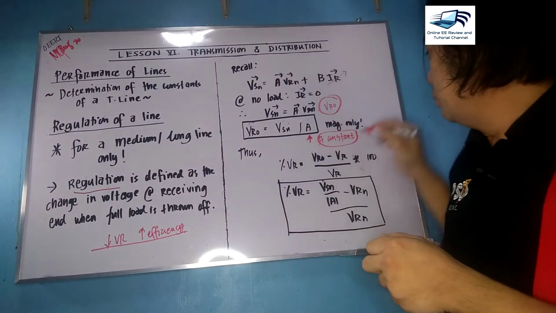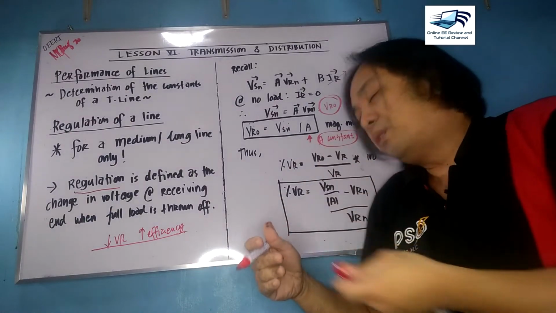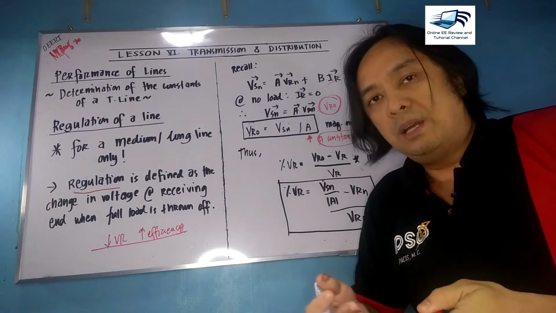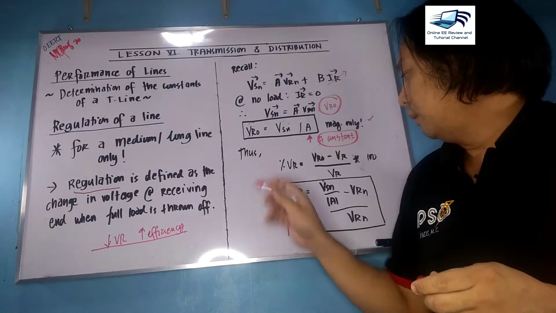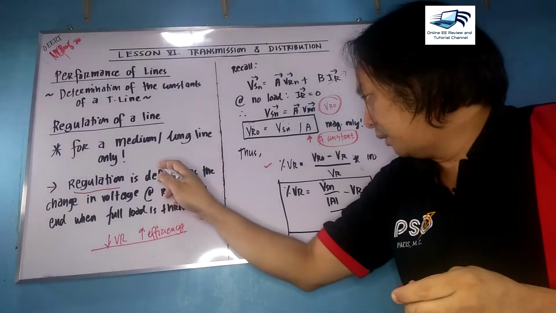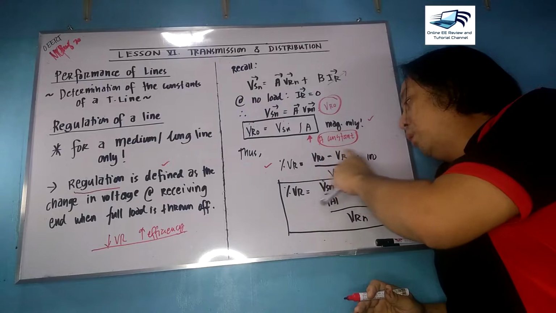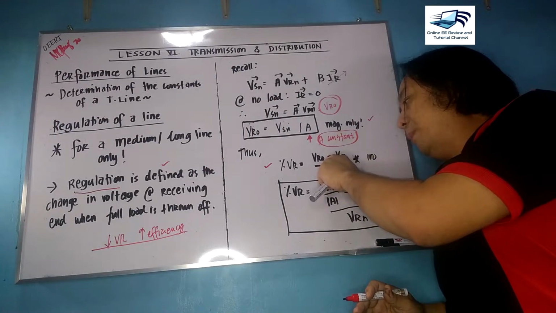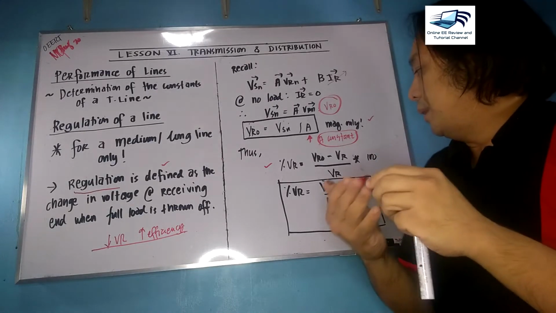By the way, we considered only this one in terms of magnitude only, because when you compute for the VR, it is just the numerical value in terms of percent, so we need only the magnitude. So let's go to the definition in terms of equation of a voltage regulation. That's the difference between the no-load voltage, the open circuit voltage, and the full load voltage: VRO minus VR over VR, times 100%.